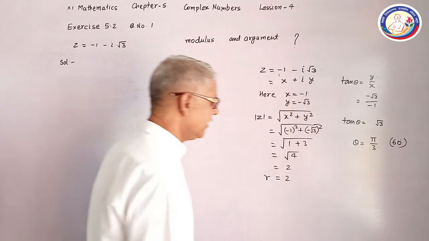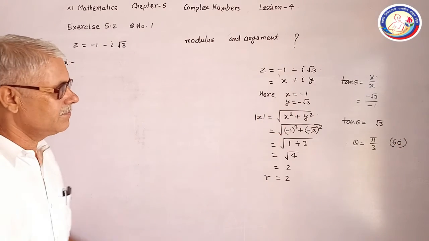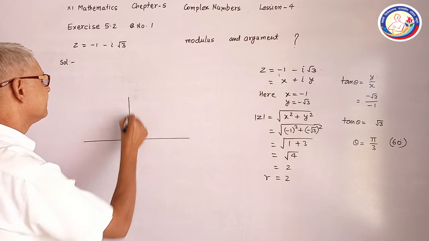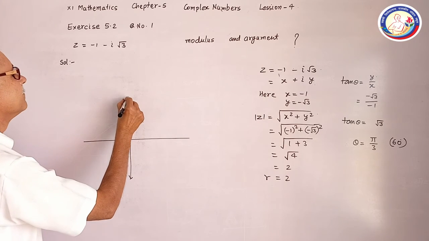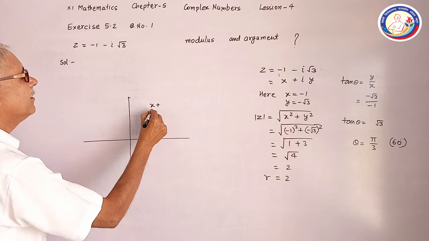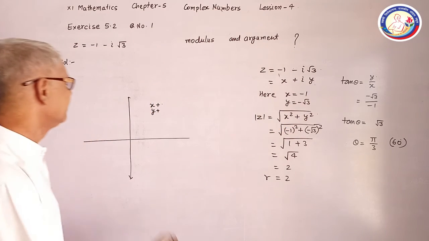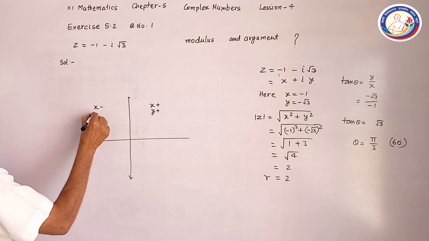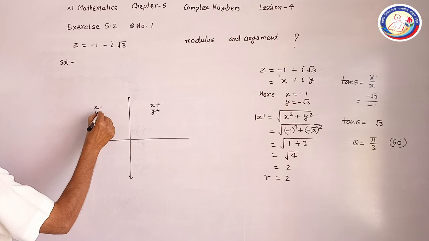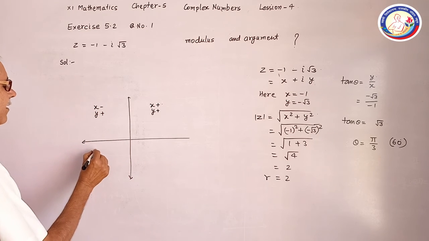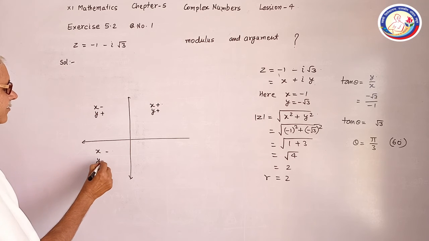But keep our previous discussion in mind. X positive and Y positive: is this the case here? No. X negative and Y positive? No. X negative and Y also negative?